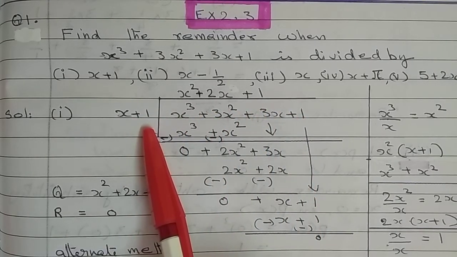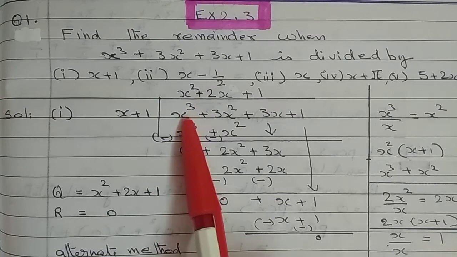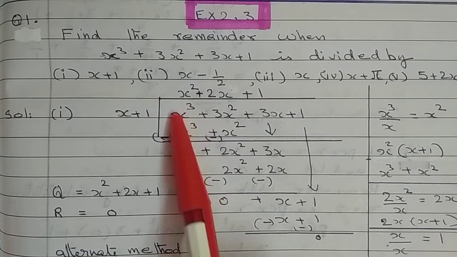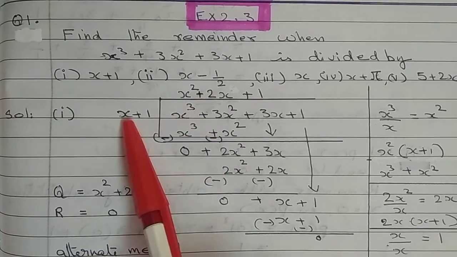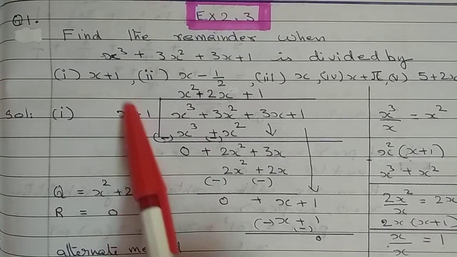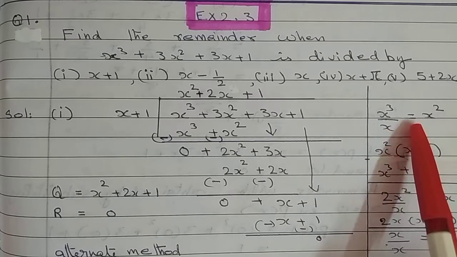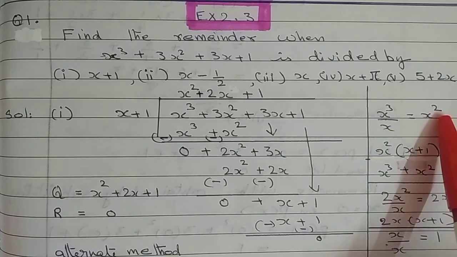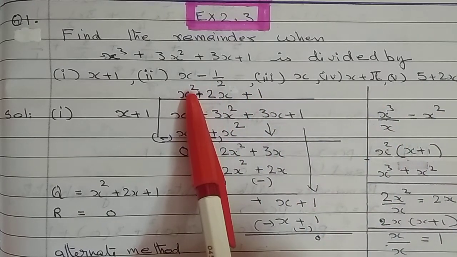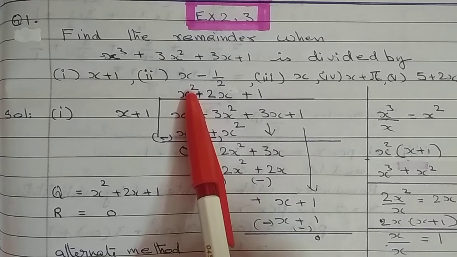The first step is to divide the first term of the dividend by the first term of the divisor. That means x cube divided by x, which will give you x square, and you will write it in the quotient.